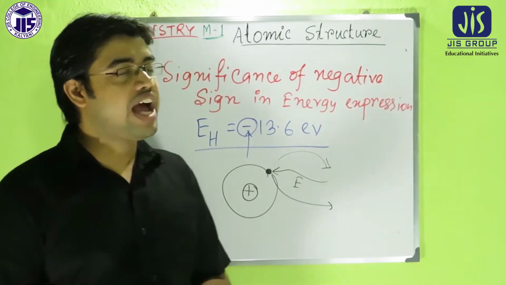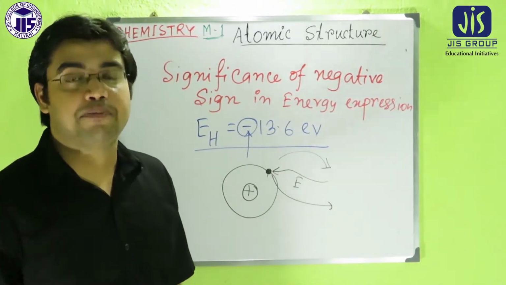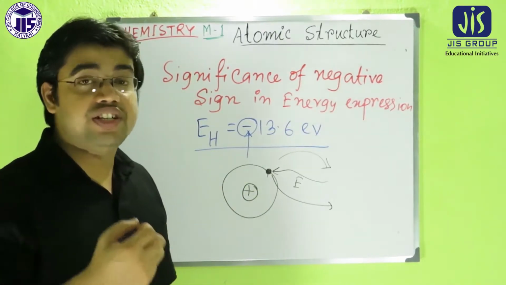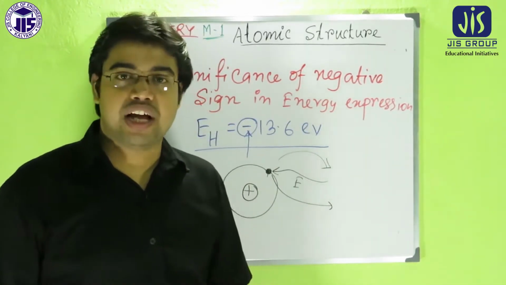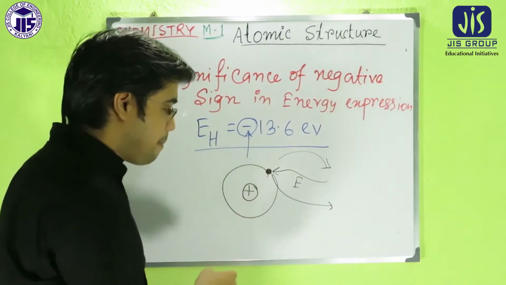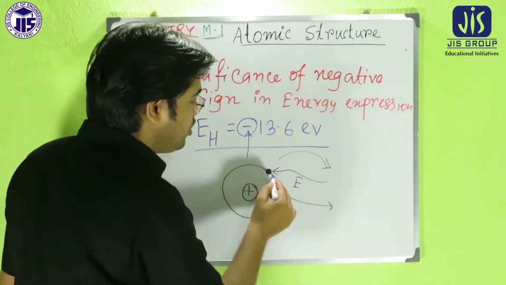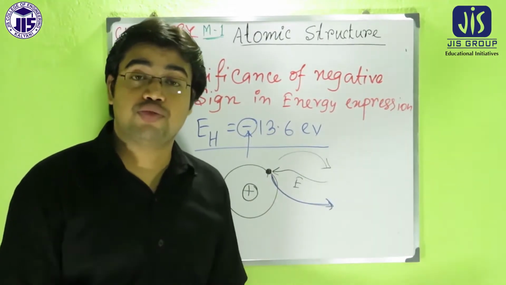That means when we have to apply energy to an atom, that is taken as a negative sign. If we get energy from the atom, that means if energy is coming out from the atom, then it is taken as the positive sign. So here you have to apply energy if we want to remove the electron from any orbit of the atom.